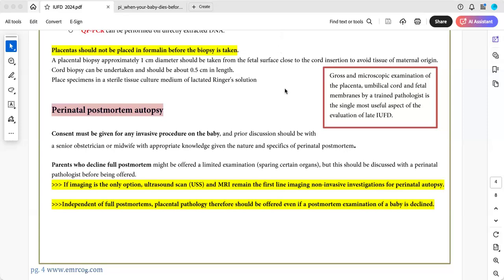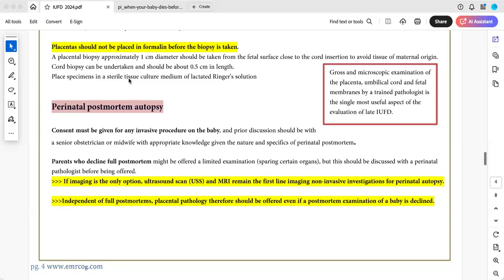So the answer is simply from the fetal surface, okay? Cord biopsy can be undertaken and it should be about 0.5 cm, half a cm in length, okay? And all the specimens should be put in a sterile tissue culture medium of lactated Ringer solution, okay?